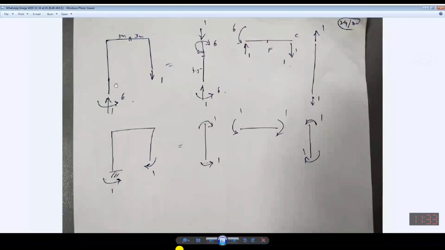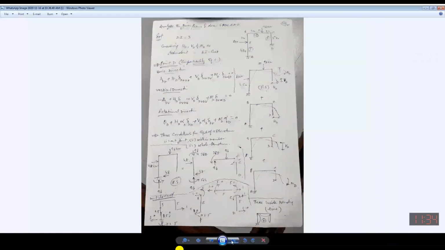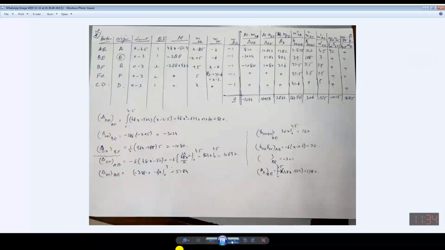Now unit load, this is in the vertical direction. This is the unit moment in any direction, and the result will dictate whether the direction was rightly or wrongly chosen. So it will make no difference, and then its solution is this one. This is the solution of this numerical.